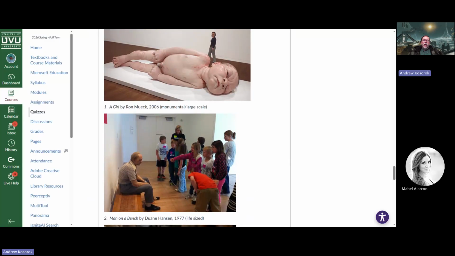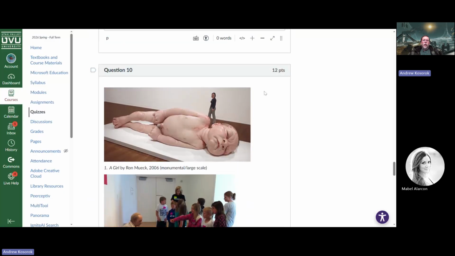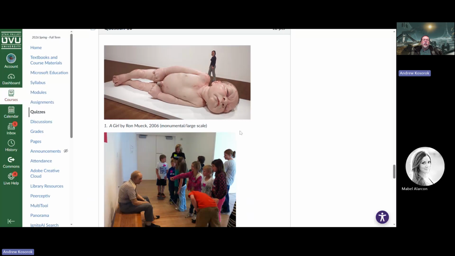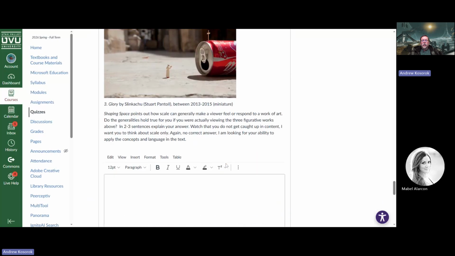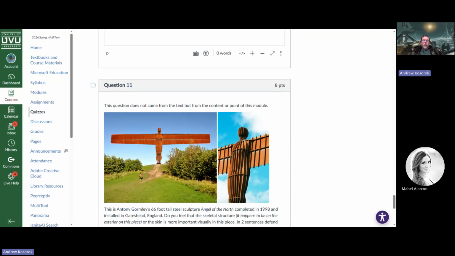And most people are getting that. There were a couple of people that missed that. They just talked about why scale is important. And I said, you only got this many points because you need to talk about each scale. And one person within 15 minutes had made the correction and resubmitted the quiz.